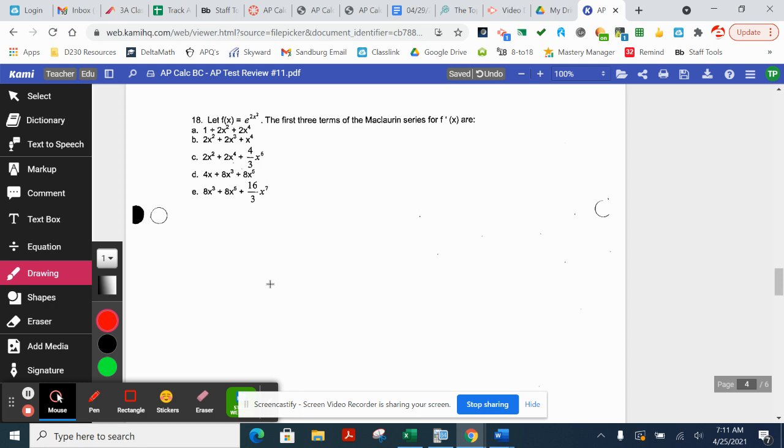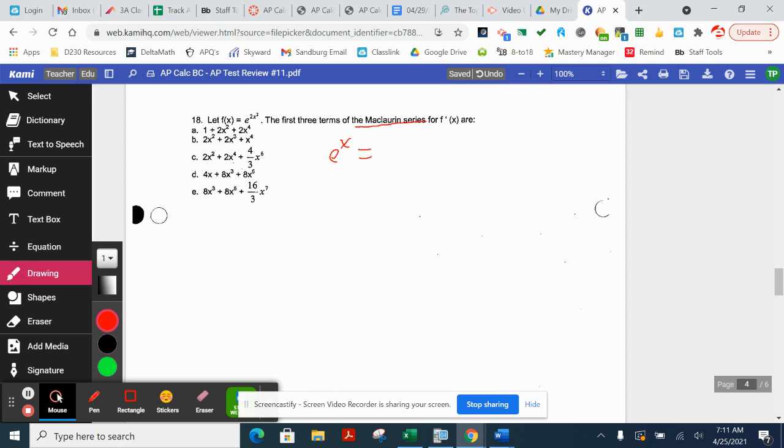And then 18, another one that you really need to know what that exponential series looks like in order to be able to get through this one. So I'm giving you f of x is e to the 2x squared. Find the first three terms of the Maclaurin series for the derivative of this. So again, we want to know e to the x.